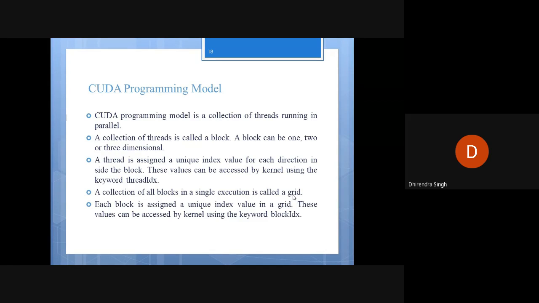And why do we use the multi-dimensional block? To increase the number of threads, because inside one block you can have a maximum of 1024 threads in a single direction. If you have a one-dimensional arrangement of threads inside a block, you can have a maximum of 1024 threads, not more than that.